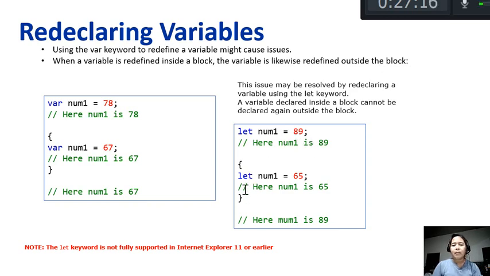Now you have a block of code enclosed in curly braces, and the value of num1 is 65. So within that block of code, within that open and closed curly braces, the value of num1 is 65.